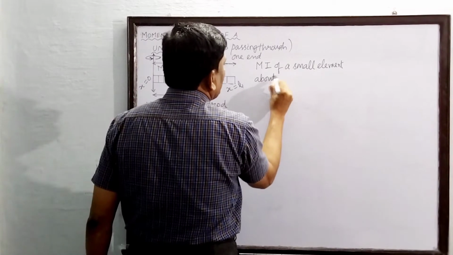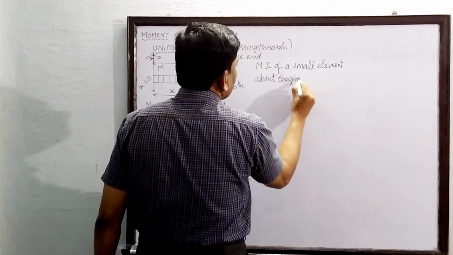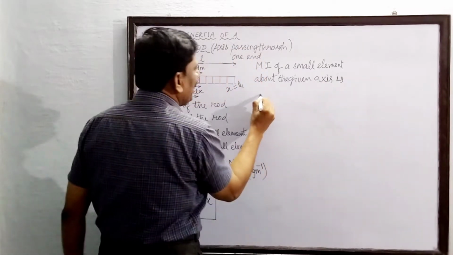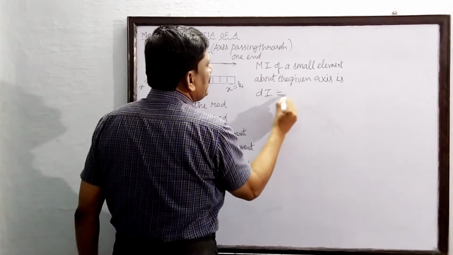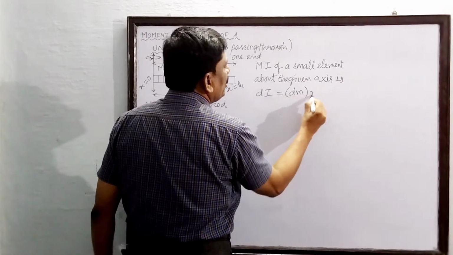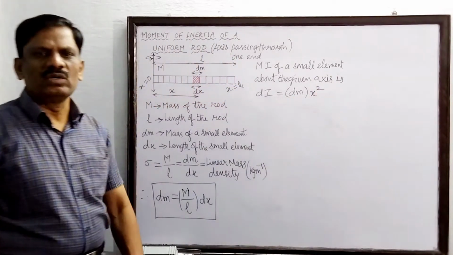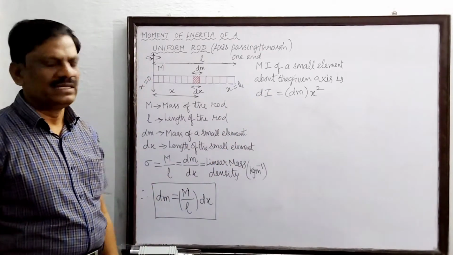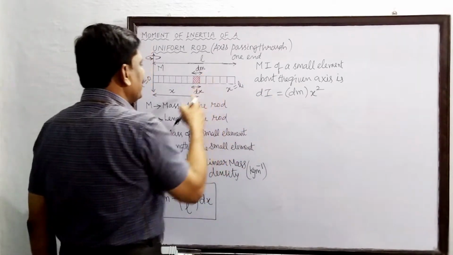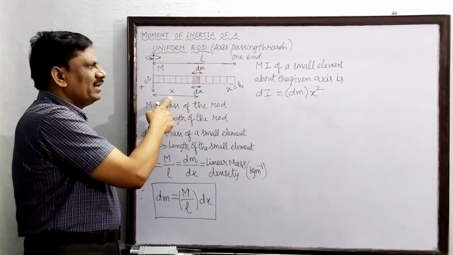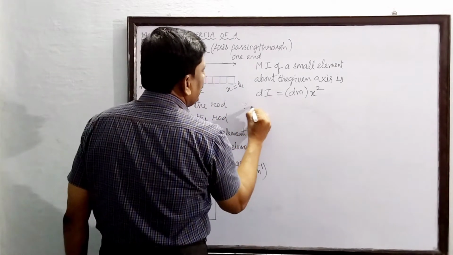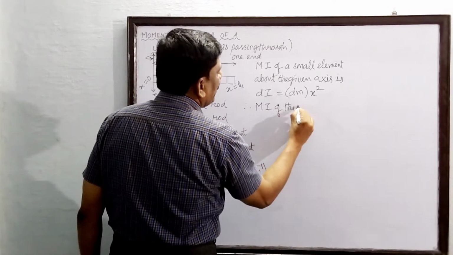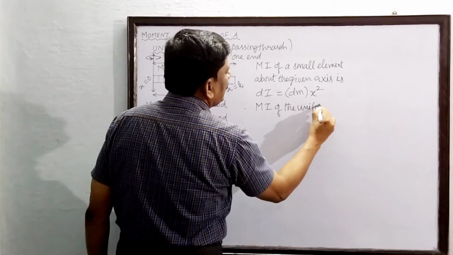It is denoted by the symbol dI. So this is equal to dm into x square. So the moment of inertia of only a small element is represented by dI, and this element is at a distance of small x.